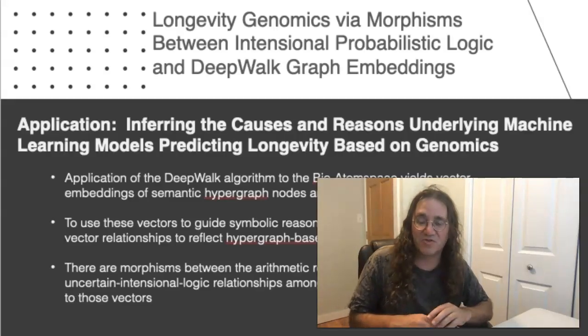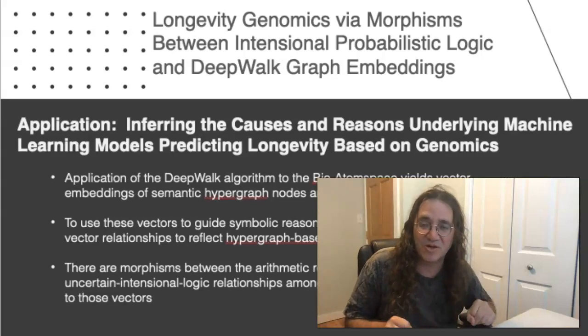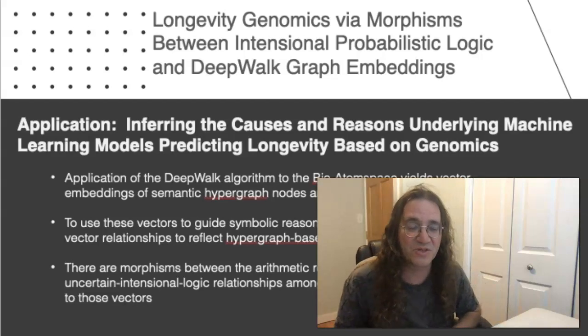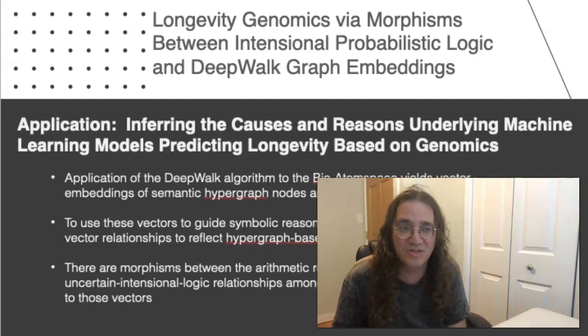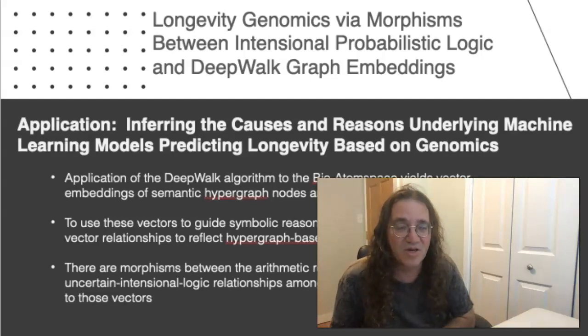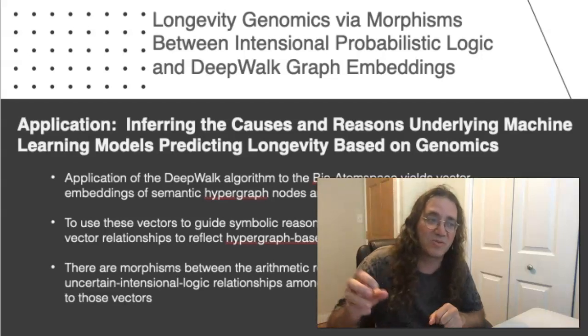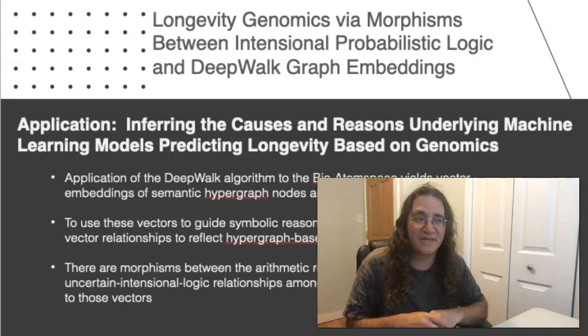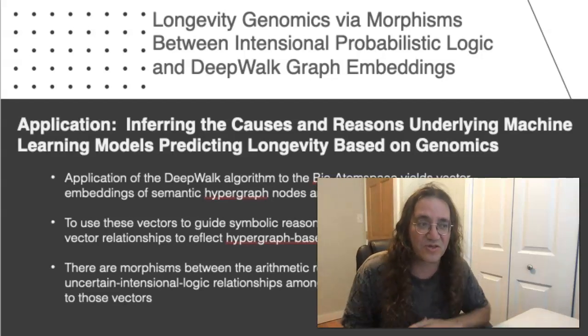And the work I'm going to talk about is of broad interest. It's done as part of a research program to use the OpenCog engine to work toward true artificial general intelligence, and it's also being done as part of a research program to use OpenCog together with machine learning tools to understand the genomics of longevity.